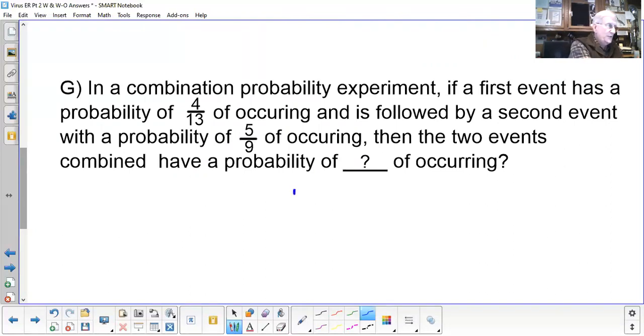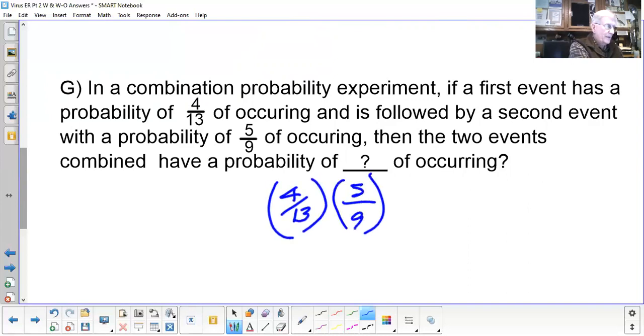All you have to do is multiply the individual probabilities together. The numerator is obviously 20, and I don't know what 13 times 9 is off the top of my head, so I will multiply that out: 117. So the probability of the first event followed by the second event is 20 out of 117. You multiply the probabilities together.